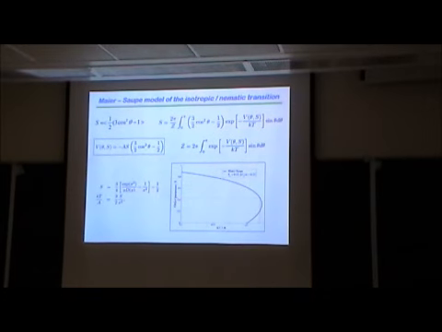Okay, so then we need a form for this potential. We have this potential V of theta. We're going to similarly expand this.